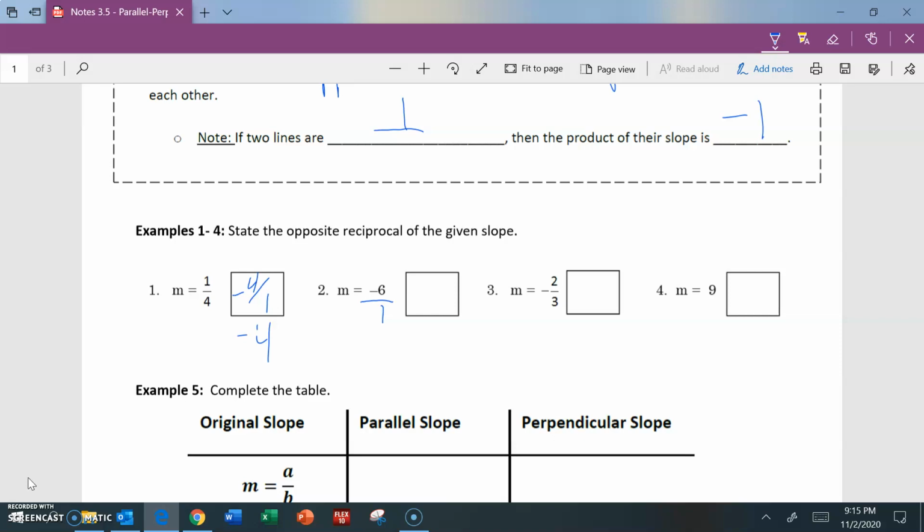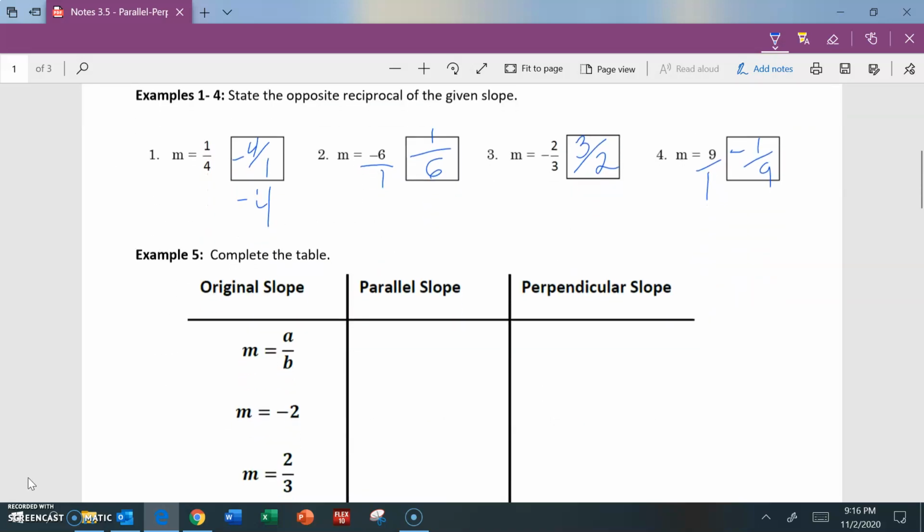So the opposite reciprocal would be 1/6. For number 3, -2/3, the opposite reciprocal would be +3/2. And for 9 or 9/1, the reciprocal of 9 is 1/9, but since it's positive, we need the opposite, so we would have a -1/9. And really, that's all that there is to it, okay?